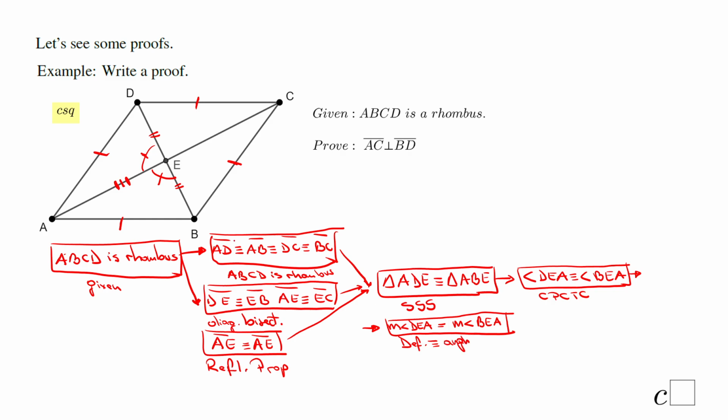But also, what about these two angles here? They also form a line, they are supplementary. So I'm going to say here the measure of angle DEA plus the measure of angle BEA equals 180, and I'm going to put as a reason linear pair.